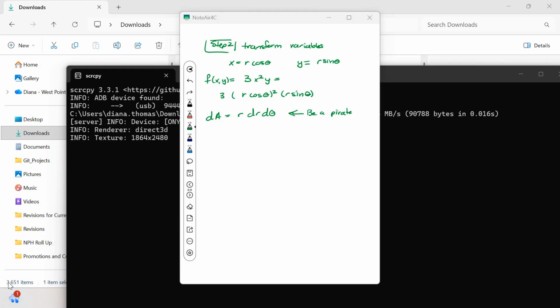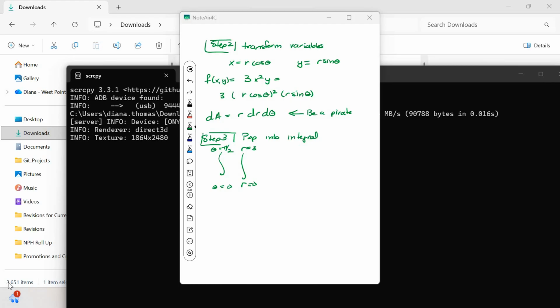All right, so then you pop all this back into your integral. I did the r first here. In the PDF I sent you, I did the theta first. It doesn't matter because circles in the polar world are like squares and rectangles in the rectangular world.